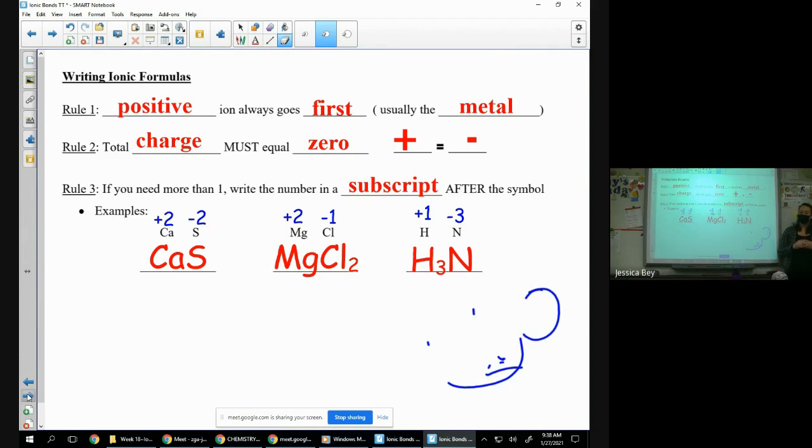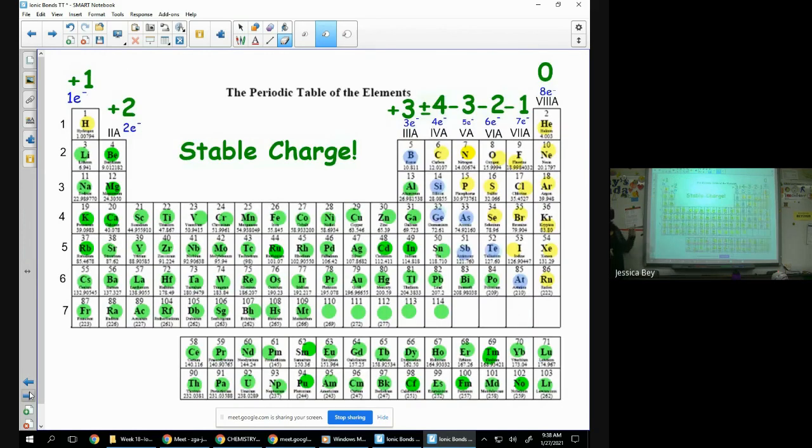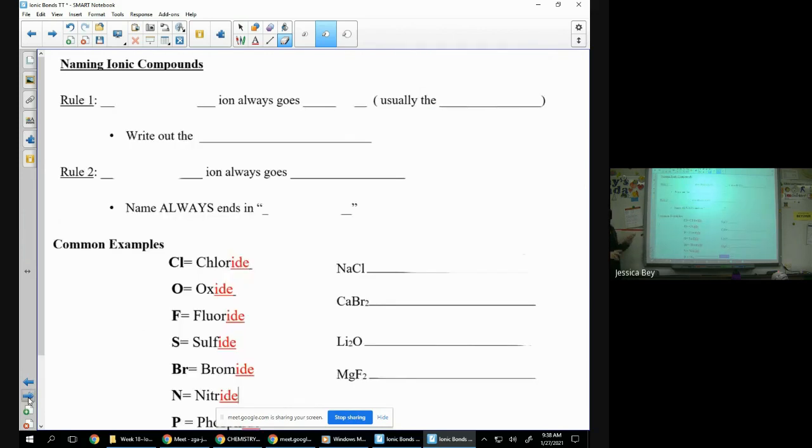All right, let's do the last little thing in the notes, and then I'm going to turn you guys out to practice here. Naming is extremely simple. All you have to do is add 1 suffix. When you are naming, number 1, again, the positive ion goes first, and it's more than often the metal. Hydrogen is your only exception on that one. So this is if we're naming them.